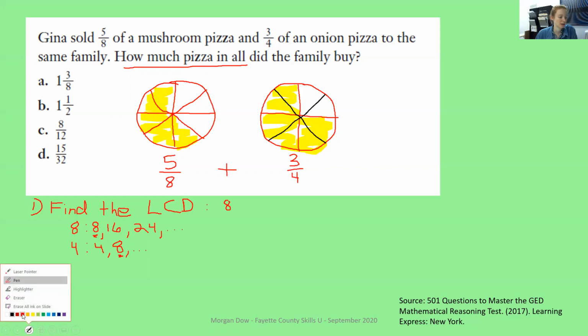So I just re-sliced my pizza. Now I'm going to do that mathematically. So if you're not drawing pictures, how would you reslice your pizza? Well, we're going to convert our fractions to have the same denominator.